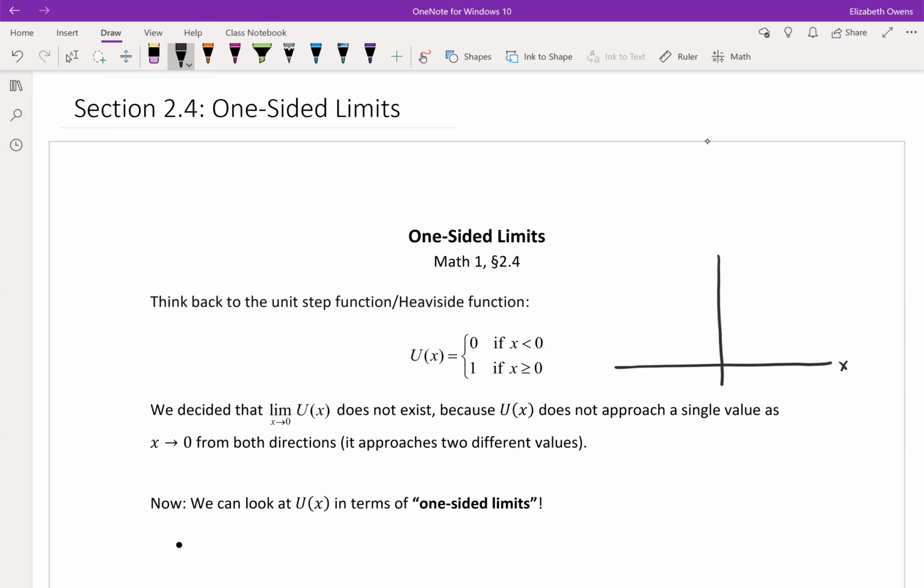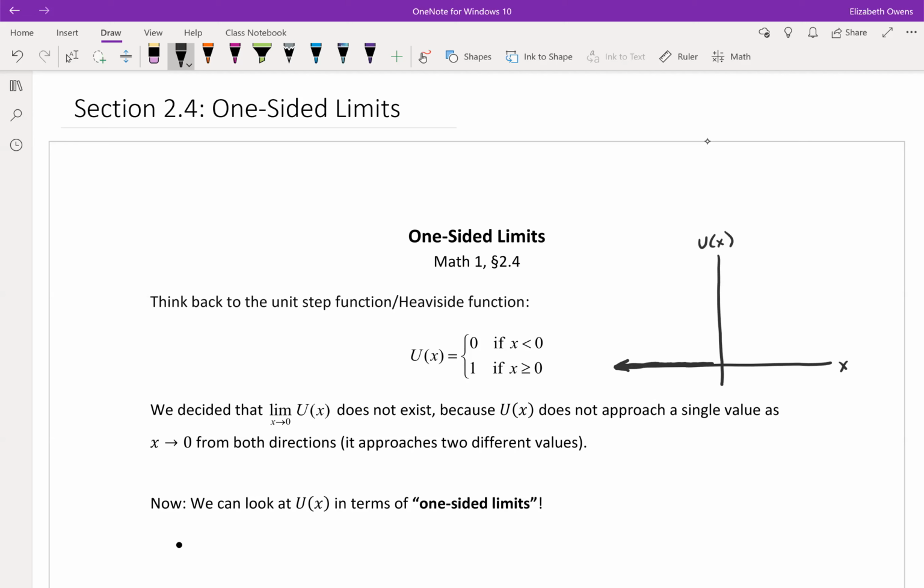Here was x versus u of x. As long as x is less than 0, the y value, u of x, is going to equal 0. So it was a flat 0, all the way over here.